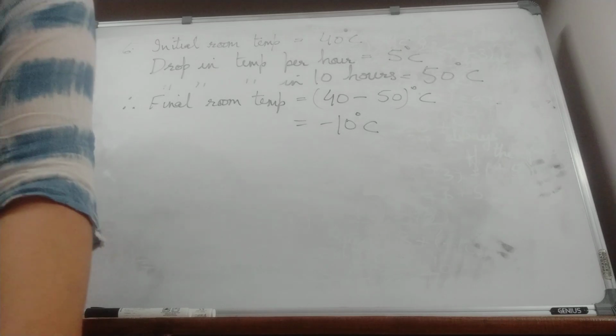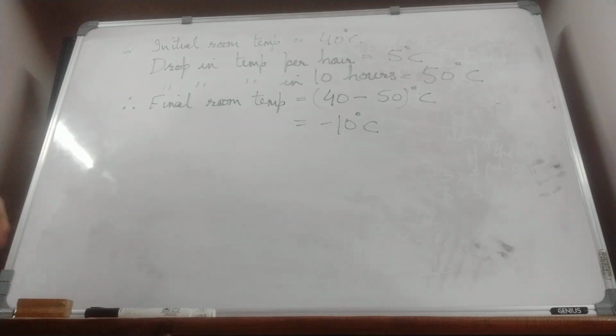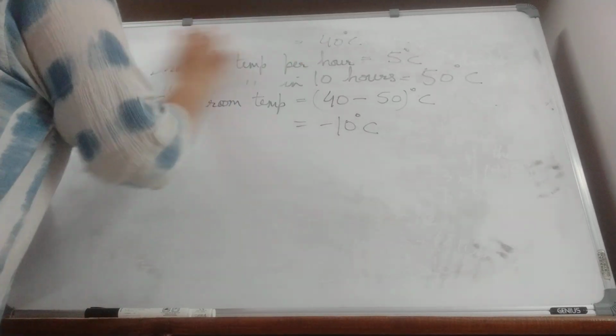Then the seventh question. Read the question. The seventh question says, in a class test containing 10 questions, 5 marks are awarded for every correct answer and minus 2 marks are awarded for every incorrect answer and 0 for questions not attempted. First part, Mohan gets 4 correct and 6 incorrect answers. What is his score?